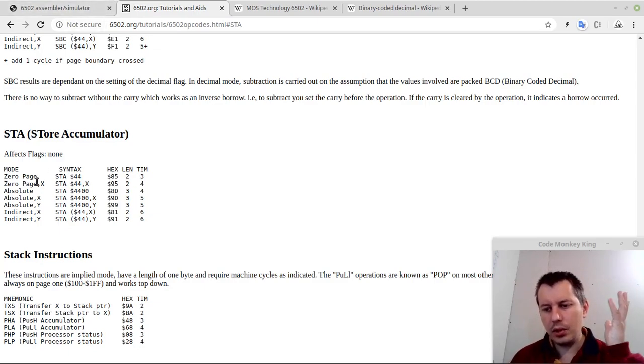So one of the most interesting things, and this is a 6502 specific thing, is the so-called zero page addressing mode. So what is the zero page? The zero page is the first 256 bytes that you can address using only 8 bits, so 1 byte literally.